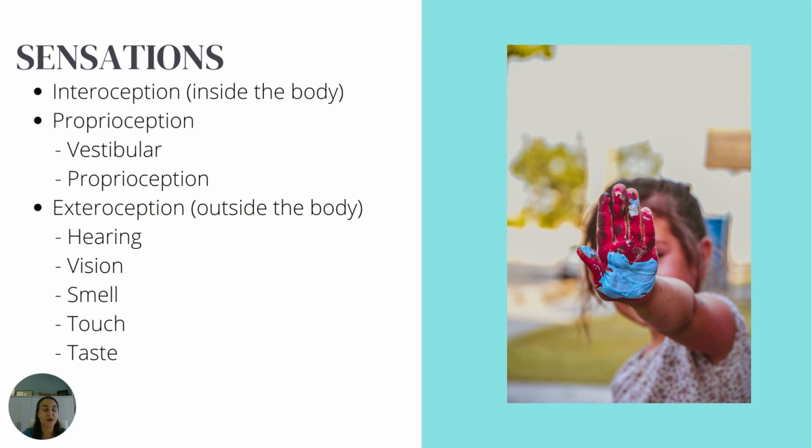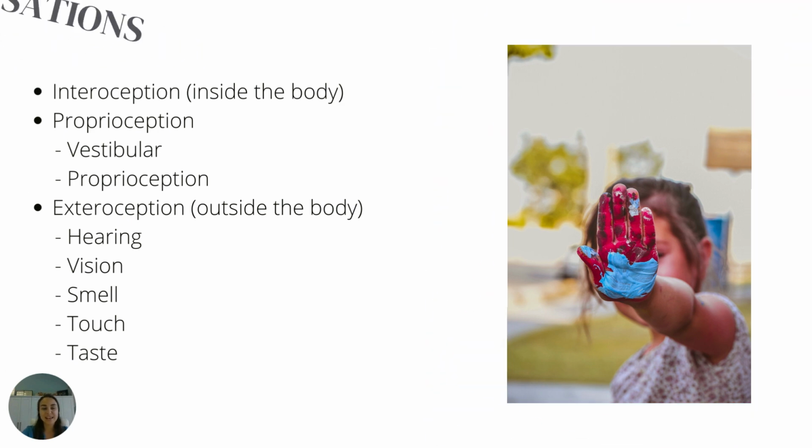Then we also get our proprioception, which includes our vestibular system and our proprioception system. And these are actually very important systems that we as occupational therapists look at when we treat children with sensory difficulties.